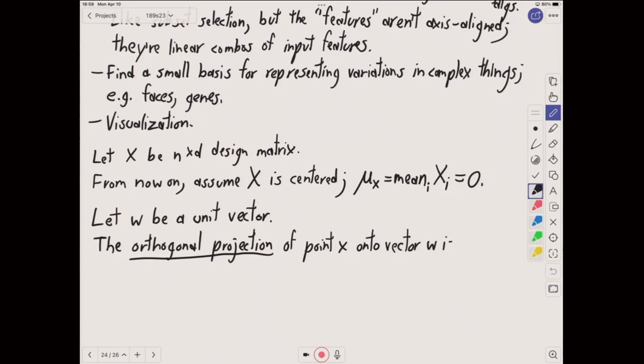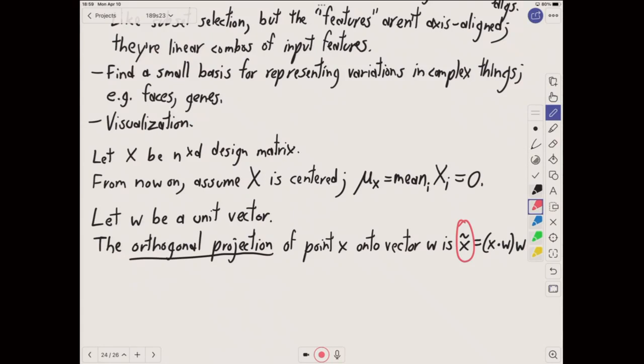Now, here is the formula for that projection. So I'm using x with a little tilde on top of it to mean the projection of data point x onto the subspace that I've chosen for PCA.